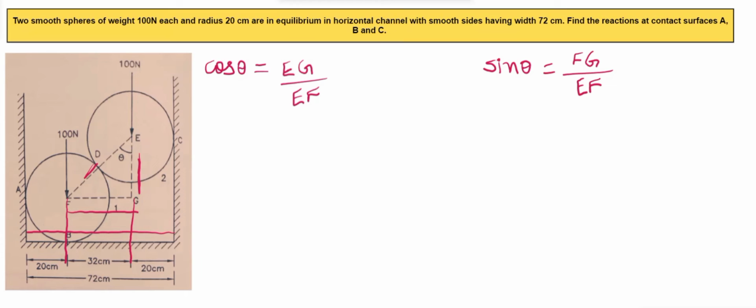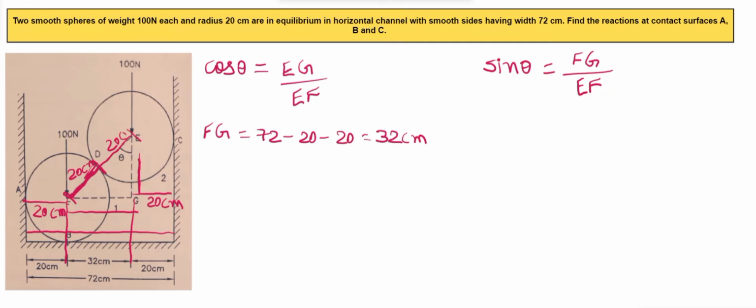As you can see here, this total is 72 centimeter, this much is 20 centimeter and this much is 20 centimeter, which means Fg will be equal to 72 minus 20 minus 20, which is equal to 32 centimeter. Then Ef, which is this diagonal, this much is 20 centimeter as the radius is 20 centimeter and this much is also 20 centimeter, which means Ef will be equal to 20 plus 20, which is equal to 40 centimeter.